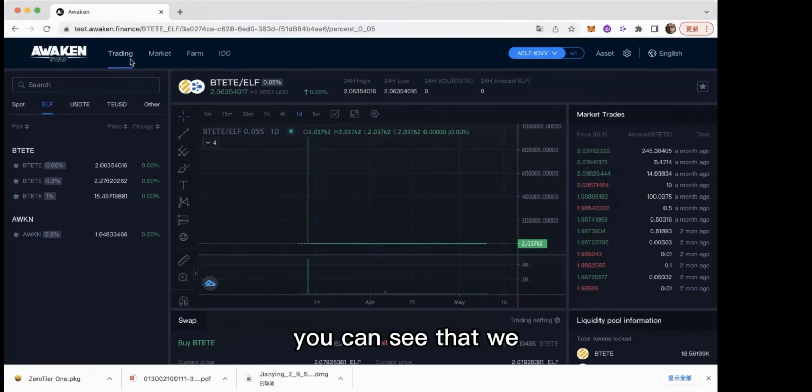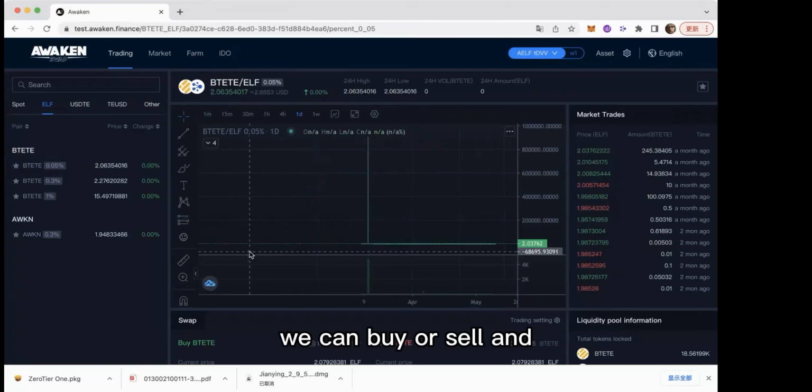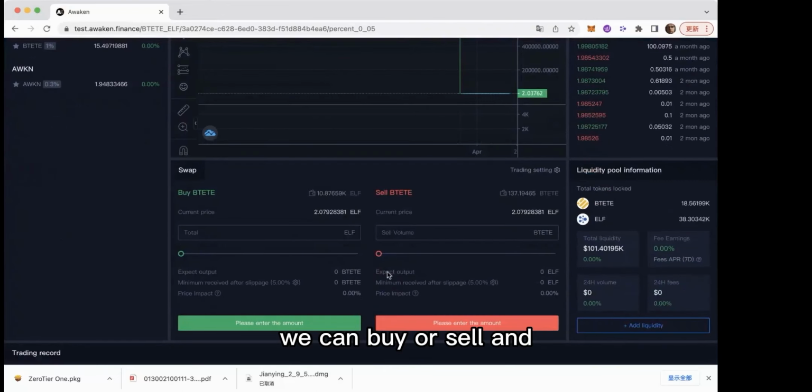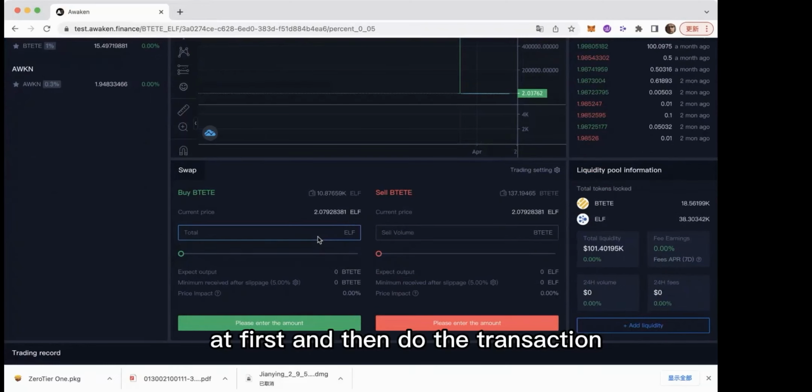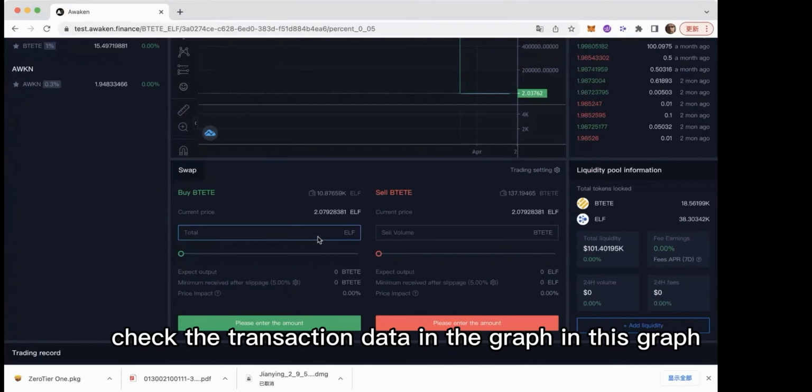You can see that we can trade tokens here. You can buy or sell, but you need to connect with your wallet first and then do the transaction. You can also check the transaction data in this graph.